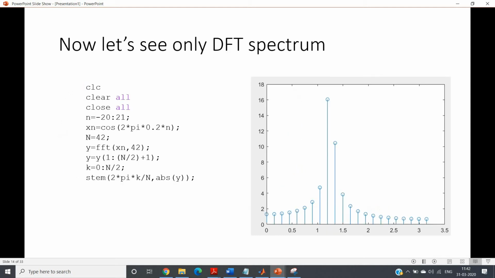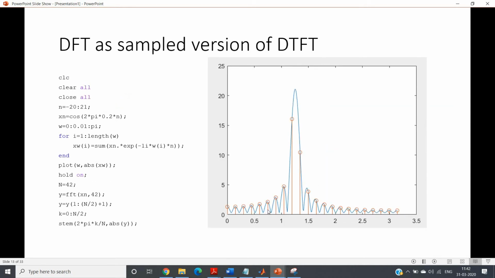Now see here, our aim is to compute the DFT, not the DTFT, because in DTFT we take the frequency as continuous, and for a processor, for a computer, it is not possible to deal with any continuous signal. So we compute the DFT, and from the DFT we try to predict the DTFT, because DFT is nothing but a sampled version of our DTFT.